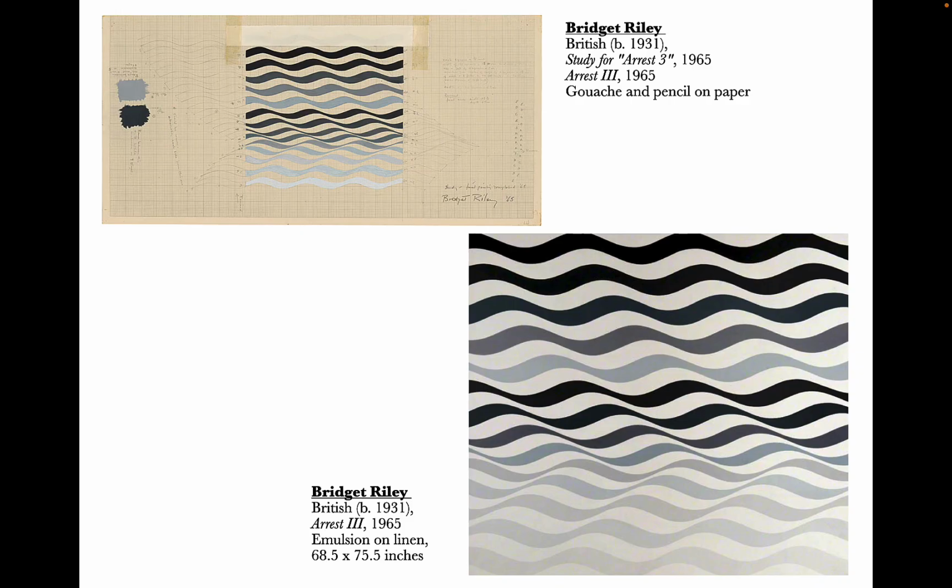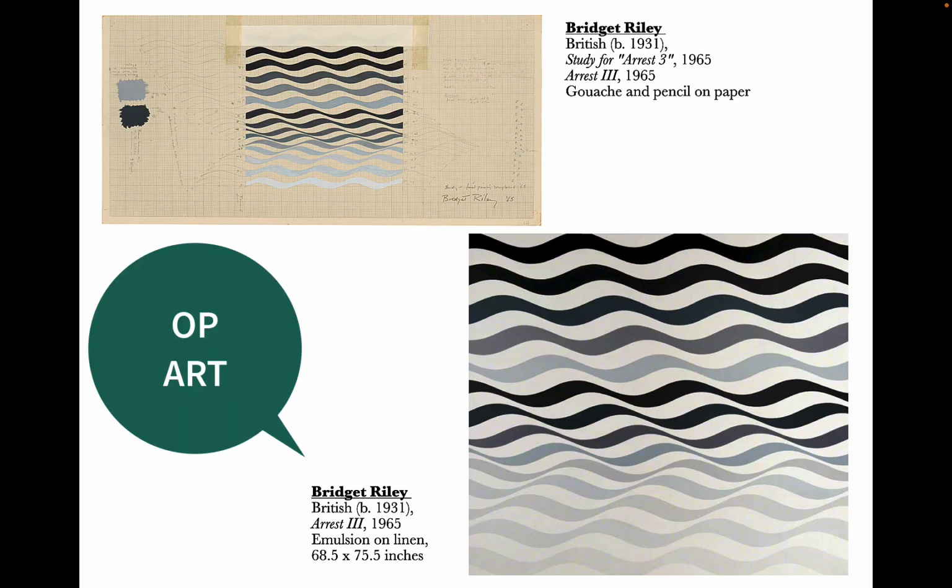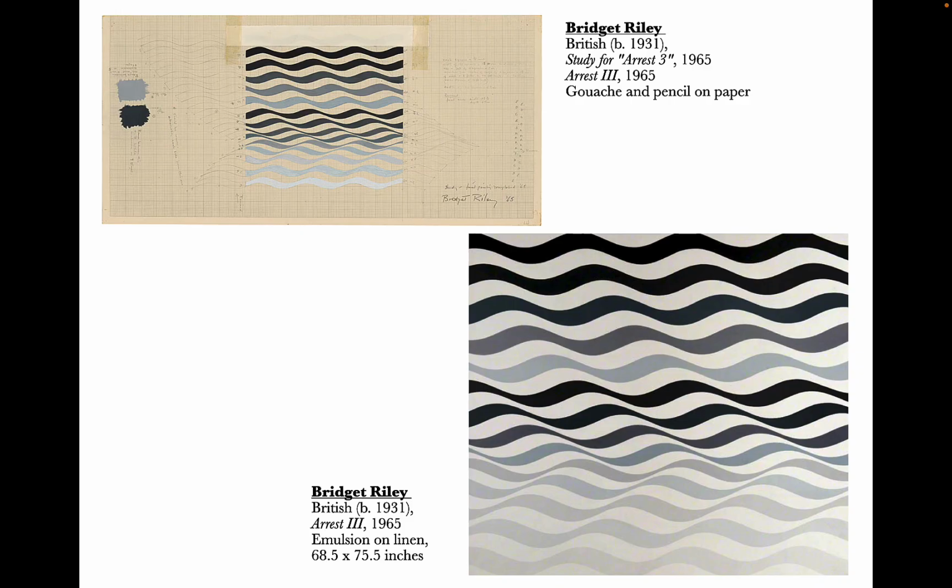This is Bridget Riley, and the top is a study she did, which I always love when I can find artist studies or sketches. I get excited about them, and we can see that she's working out the colors and she's working on graph paper. And this is called op art. It's like optical illusions. And we can really see here how the lighter tones are moving forward and the darker tones are going back.